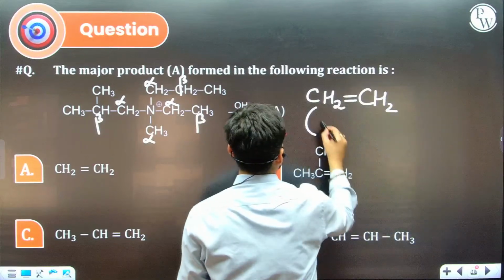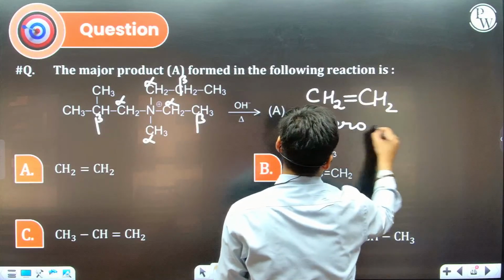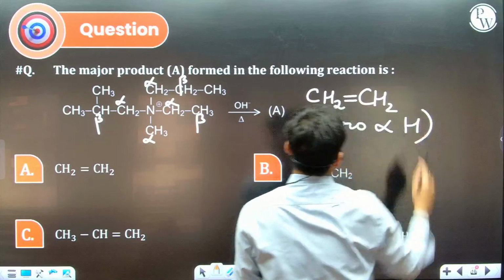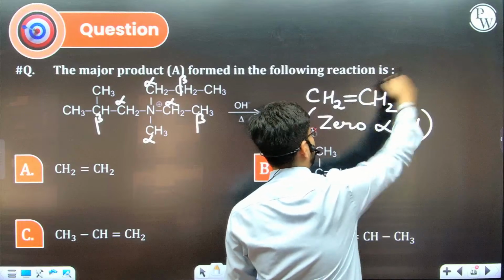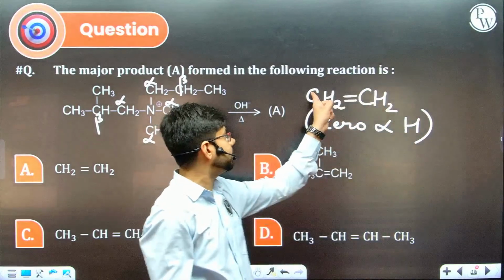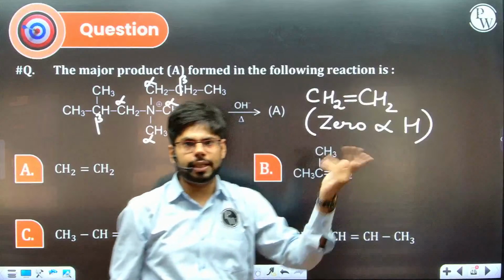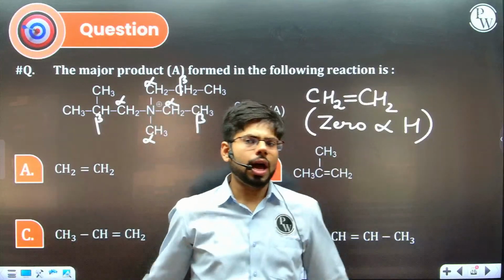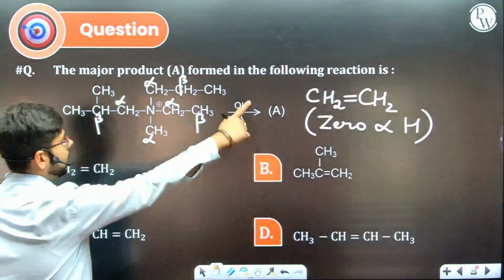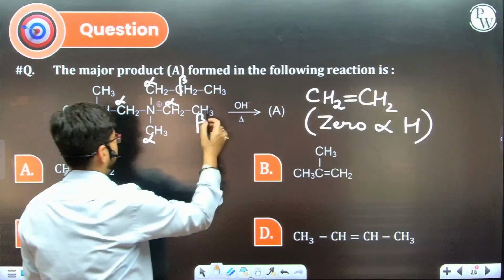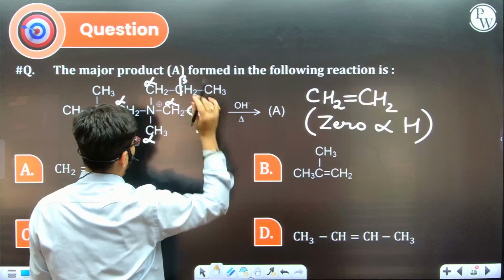If you see, this has 0 alpha hydrogens, because there is no alpha carbon in this alkene. This carbon is not connected to any other sp3 carbon. Similarly, this carbon is not connected to any other sp3 carbon. So there is no alpha carbon, and when there is no alpha carbon, there is no alpha hydrogen. How did I get this product? I got this product when I remove one hydrogen from this beta carbon.